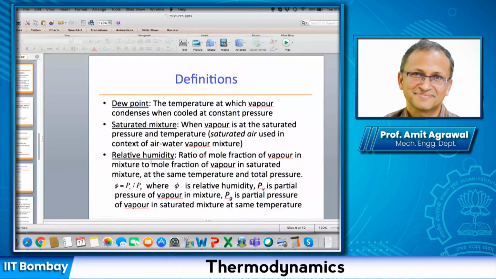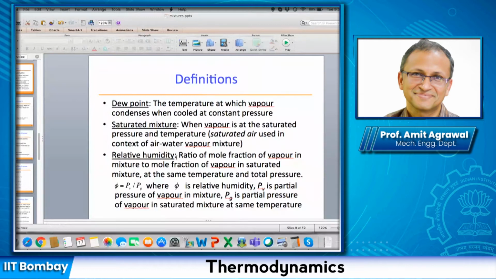So the dew point is where the vapor starts to condense. Whatever is the maximum water that the air can hold, that is my saturated condition. If it is holding that maximum at the given pressure and temperature, then that's my saturated mixture.